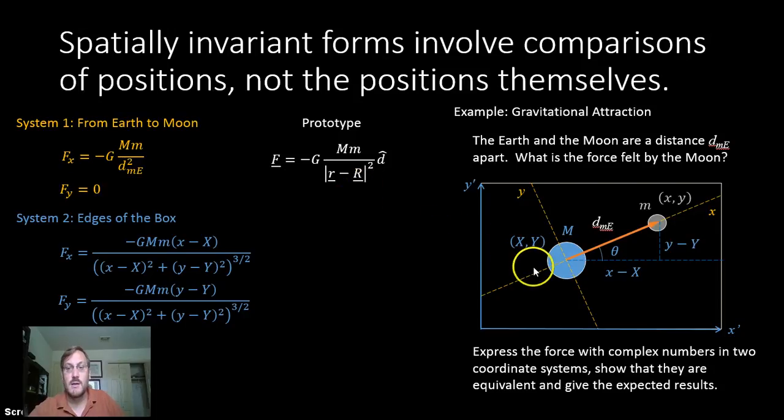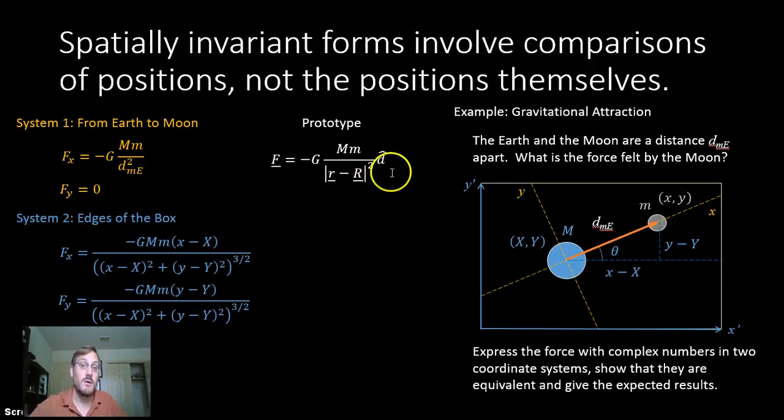So this big R is this x comma y, and this little r is this little x comma little y. All right, so these are just the positions. That's the force, gravitational acceleration, masses, and this d with the hat on it is a direction, and that just means that this direction does not affect this magnitude at all. All right. So when I multiply this by this, the number doesn't change.